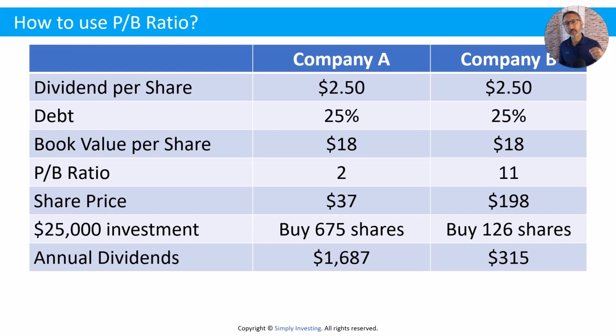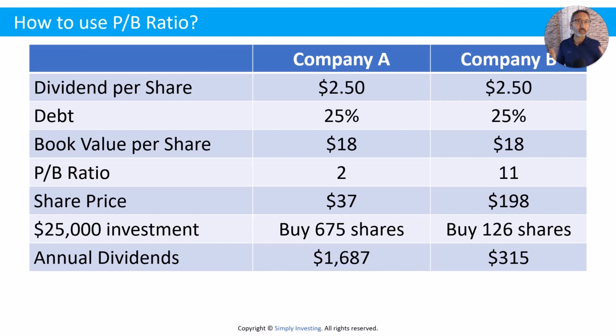And I said at the beginning of this episode that if you don't pay attention to this one metric, it could cost you thousands and thousands of dollars in investing mistakes in the future. In this example, literally, if you were to invest in company B, you would be losing approximately $1,300 a year in dividends. So to me, that is a very expensive investing mistake.